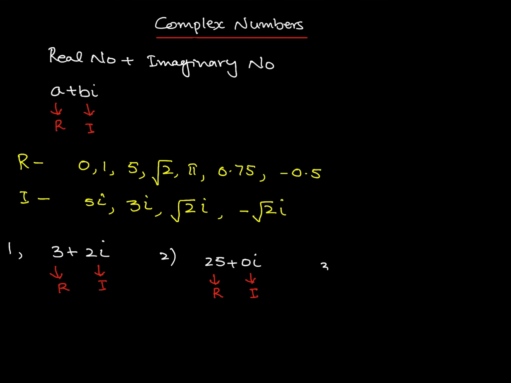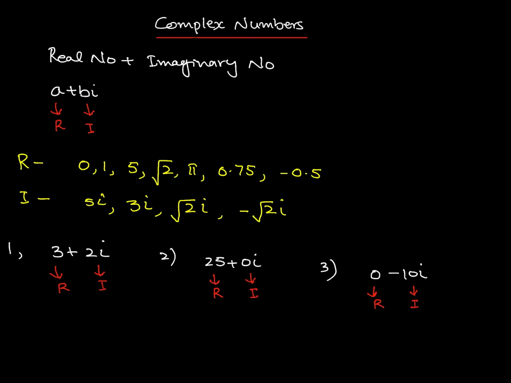Another example I am taking, suppose I am taking number minus 10i. You all know this is an imaginary number. So this can be written in the form of 0 minus 10i. Here 0 is the real number and minus 10i is the imaginary number.